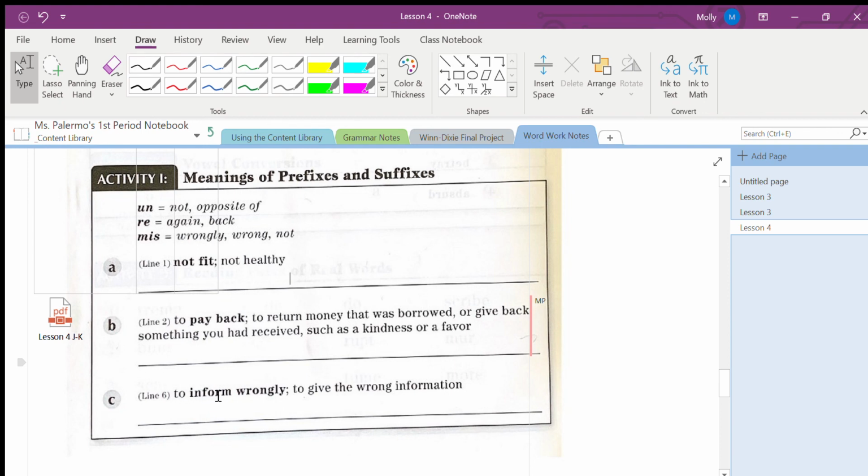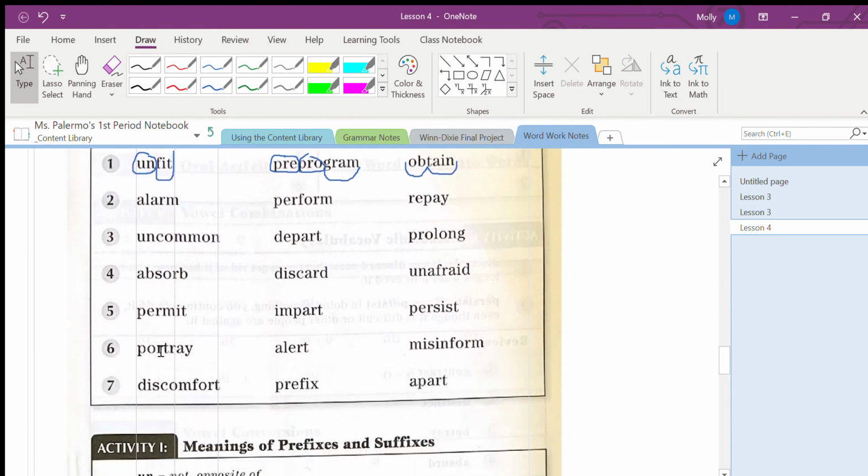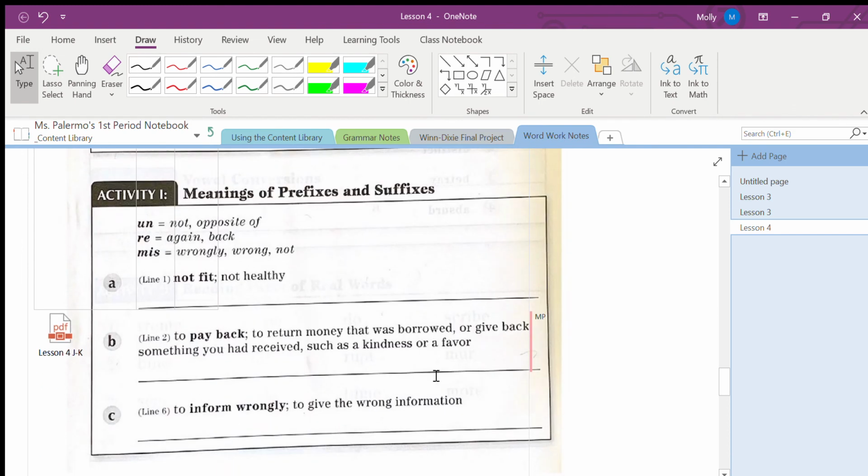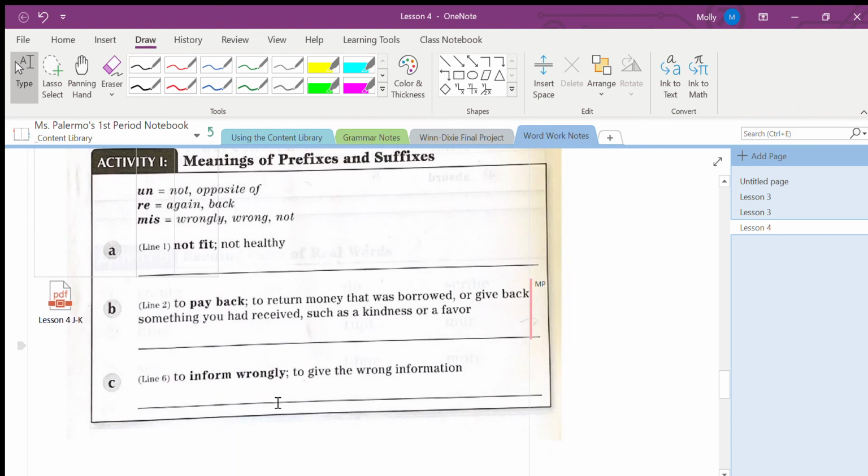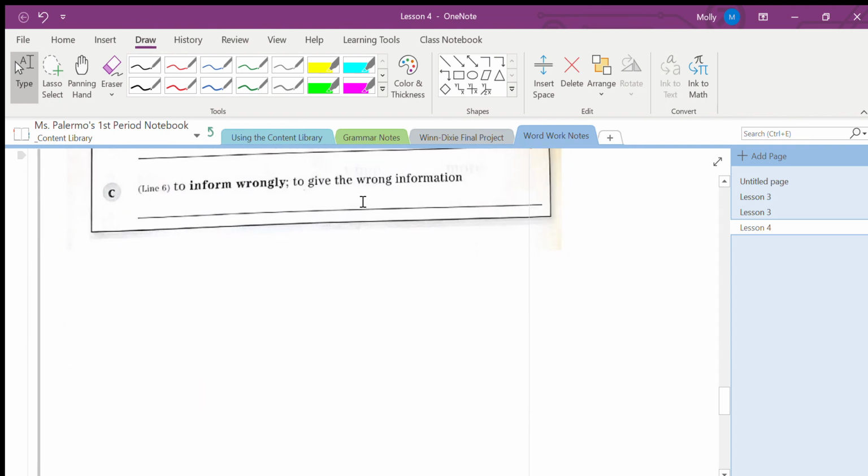To inform wrongly, to give the wrong information. So which word in line 6 means to give the wrong information? And write that on line C. And hopefully your app in Teams will do better than mine is doing with typing.